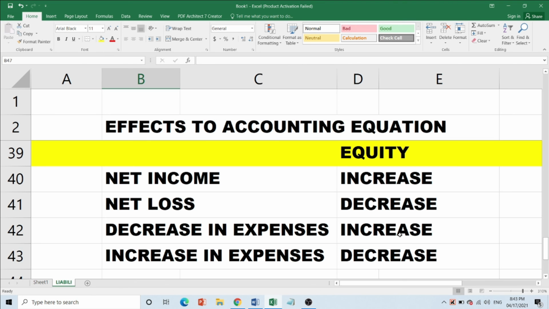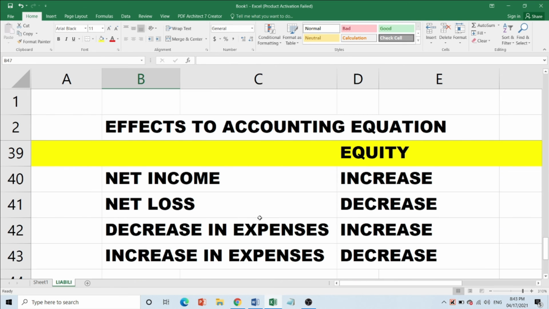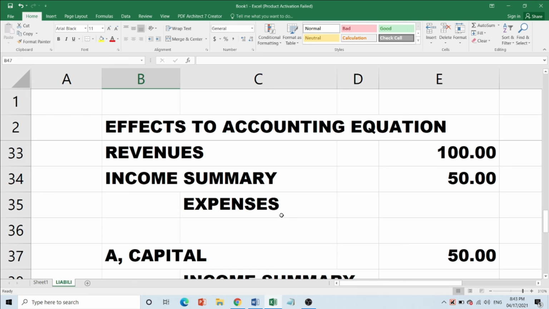So by having an understanding of the accounting equation, malalaman po natin if kaya pa ba na mapunduhan ng ating asset ang ating pambayad para sa liabilities, something ganon. So yun. So this is the explanation of the accounting equation.